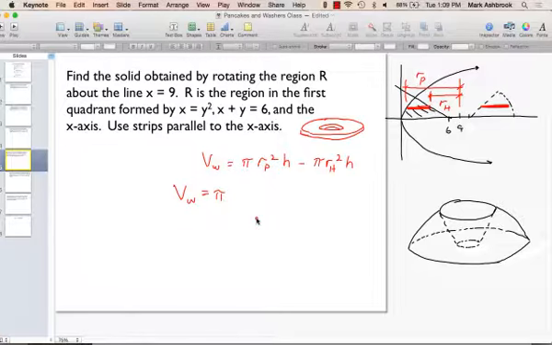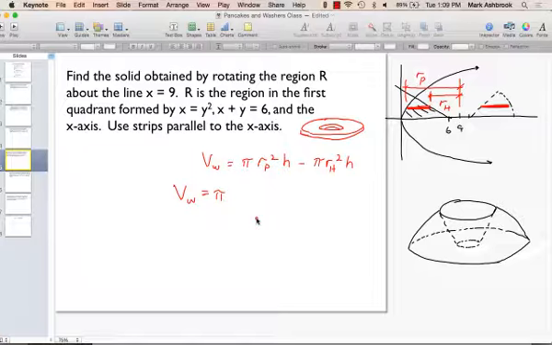So it's 9 minus y squared, right? And the other one, what is that? 9 minus 6 minus y. So you see, you don't need this.